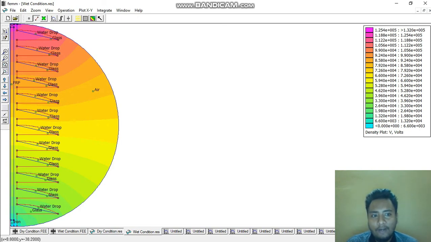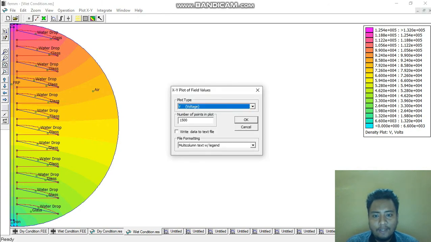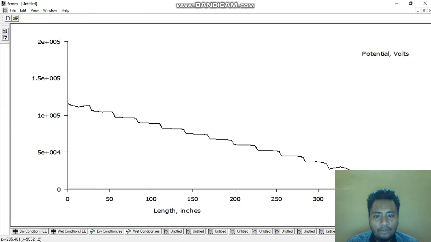We have set it to ground. If you want to look at the graph, we must choose the graph button and look for the voltage. As you can see, as the creepage grows, the voltage will decrease.